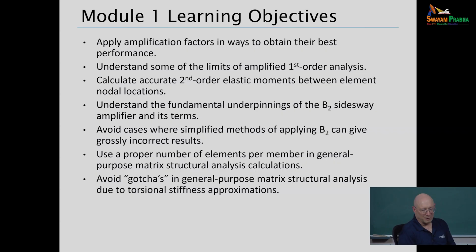We'll look to understand, in terms of accuracy, how many elements we need per member for a general purpose type of structural analysis. That's what we'll be applying in Consteel. And particularly there are some gotchas when it comes to use of general purpose software with torsional stiffness approximations.